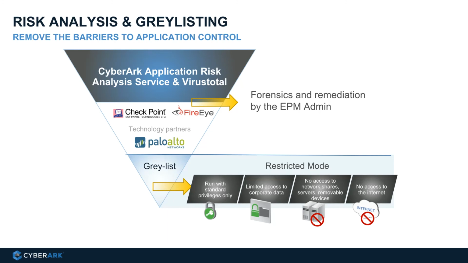So first of all, we can integrate with different third parties. Whether it's Checkpoint, FireEye, Palo Alto, or VirusTotal, we can send application samples to any of those parties, and they can run an analysis and then let us know if these things are okay. So if your client leverages any of those technology solutions, we can send that application information over to that appliance to be analyzed.